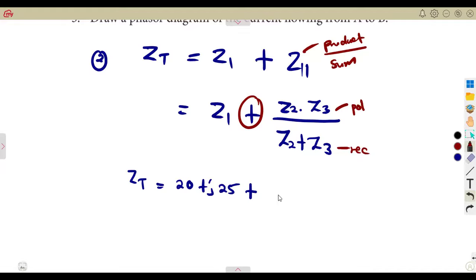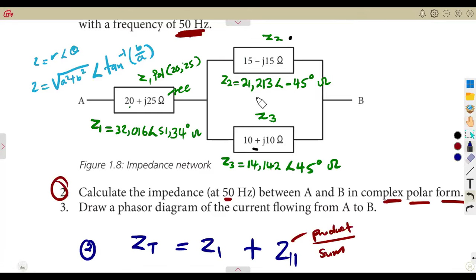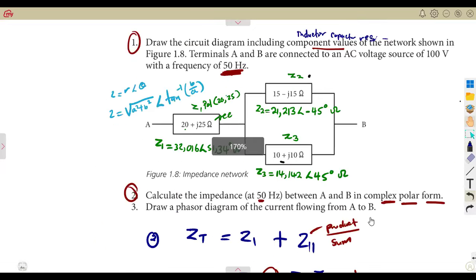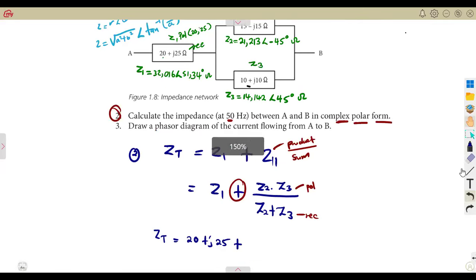Addition in rectangular form, product in polar form. If you note that, you're done, guys. So Z2 and Z3 must be in polar form for us to multiply. We take our Z2, the one that we converted, and also our Z3. I'm just going to minimize so that we can see everything.